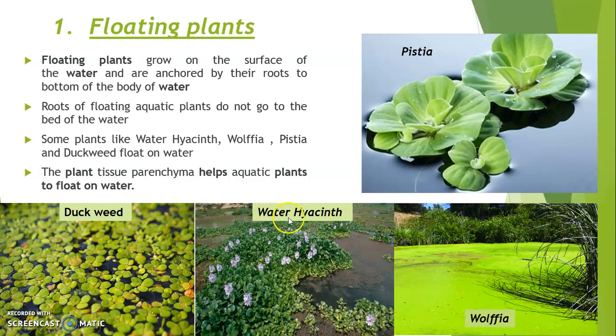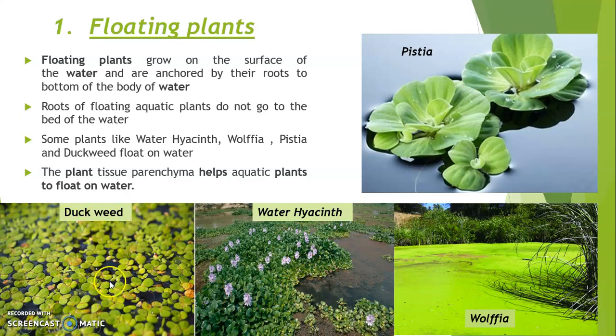Okay, and this one is water hyacinth. This purple color flower and the leaves are over the water surface. This is the water hyacinth. Again, when you touch the leaves of these plants, they are wax coated. Okay, so they are very soft. These plants that lie on the surface of the water are very soft or spongy. Then is the duckweed.